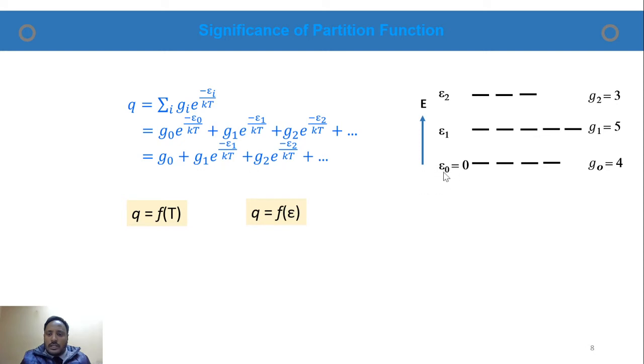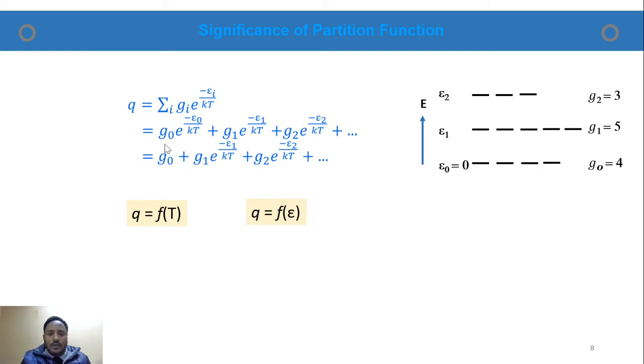So considering that the lowest energy is 0, we will have the first term as G0, and the second and third terms will be as such. If the energy levels are non-degenerate, G1 will be 1, G2 will be 1, and for the other energy levels also the degeneracies will be 1 each.